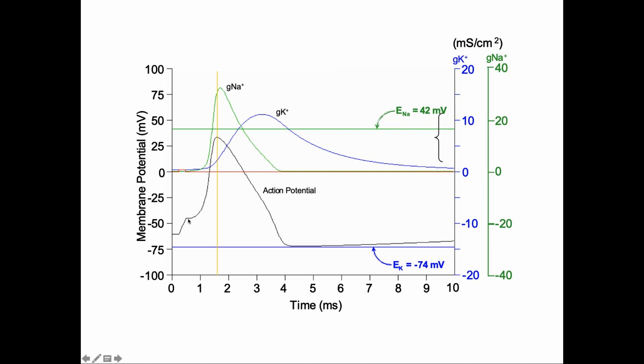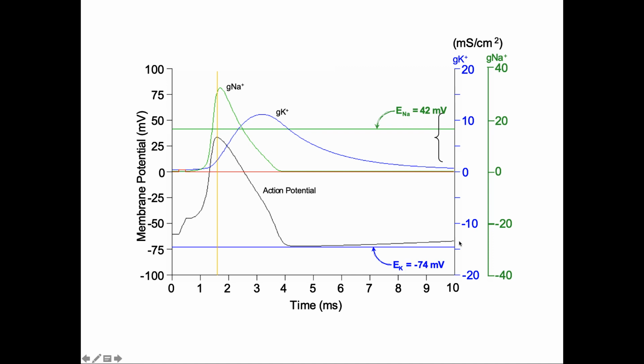All you need is that 15 millivolt depolarization event, which opens up all of those voltage-gated sodium channels, pulls the membrane potential closer to the equilibrium potential for sodium, and then these voltage-gated sodium channels inactivate, and the voltage-gated potassium channels come on board, pulling the membrane potential back down towards the equilibrium potential for potassium. Then those delayed potassium channels close, and that brings it back to rest.